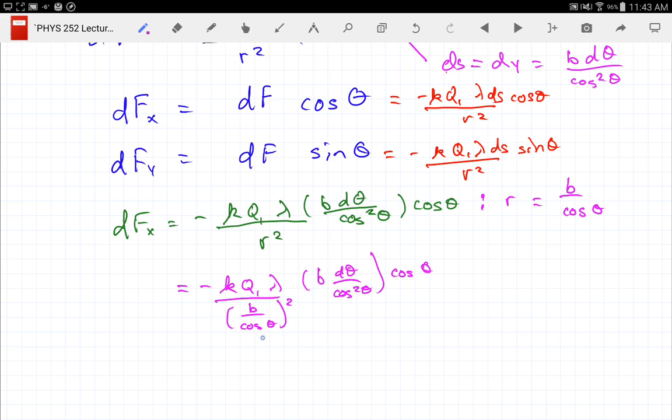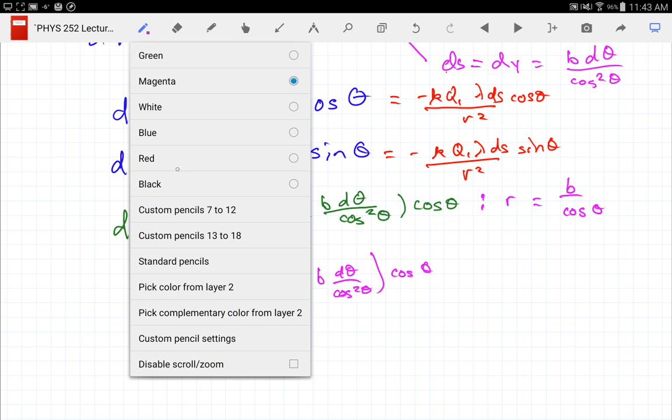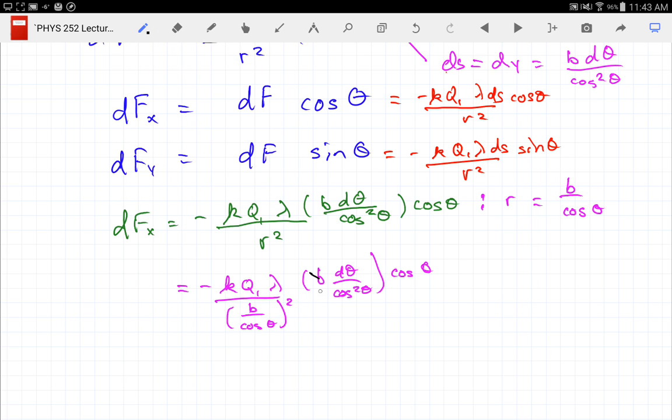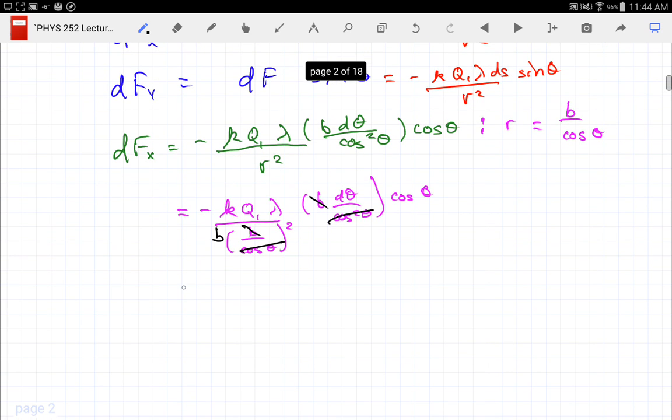If I divide those two, what am I left with? Yep. And so I'm left with that. So now it becomes a much simpler looking minus kq1 lambda over b times cosine theta d theta.